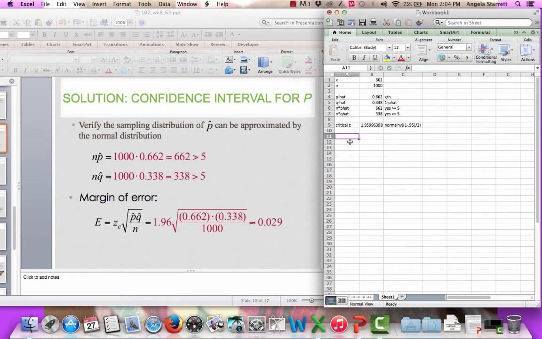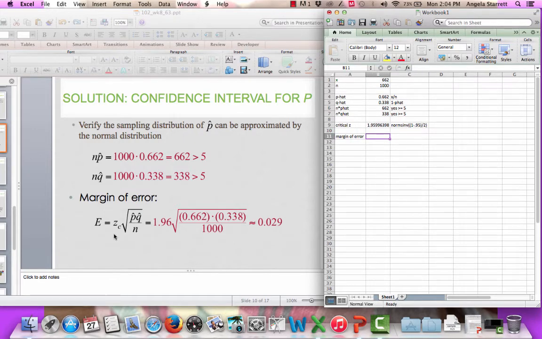All right, so we want to calculate our margin of error. Using our formula here, we have E equals critical z times the square root of p hat times q hat divided by the sample size.